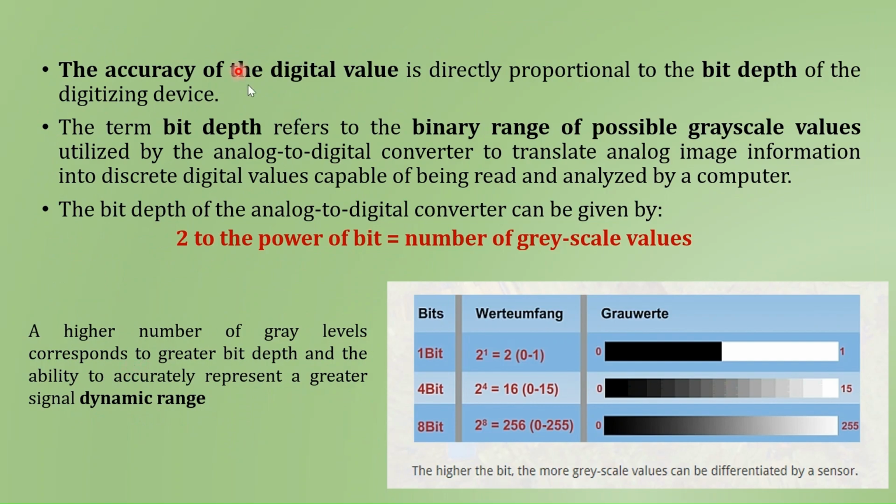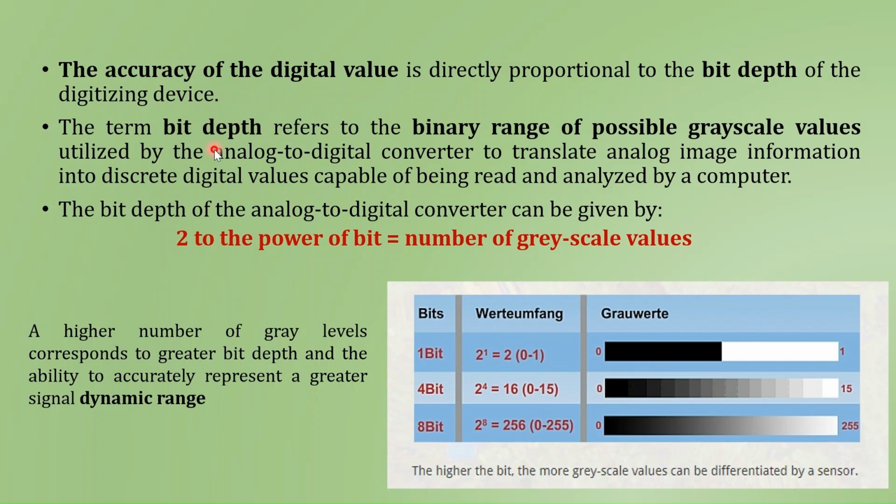The accuracy of the digital number is directly proportional to the bit depth of the device. Bit depth refers to the binary range of possible grayscale values, and it applies to the analog to digital converter. It means into how many shades of black and white the information can be converted. Since the information is stored in terms of digital numbers, the number of ranges is given by the bit depth.